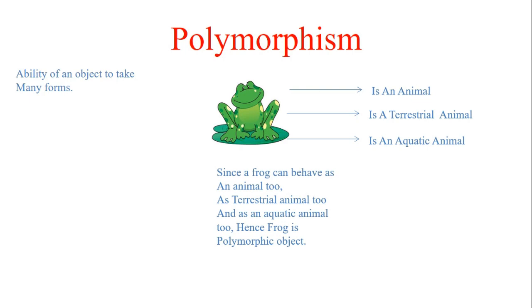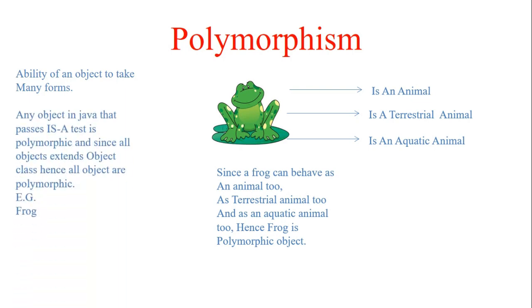Now how can you connect this to the Java world? In Java, polymorphism can be connected as follows: whenever you create an object and that object passes the IS-A test, IS-A meaning what? Inheritance. Whenever an object passes the inheritance test, it automatically becomes polymorphic, because a child can behave as a child also and it can behave as a parent also.